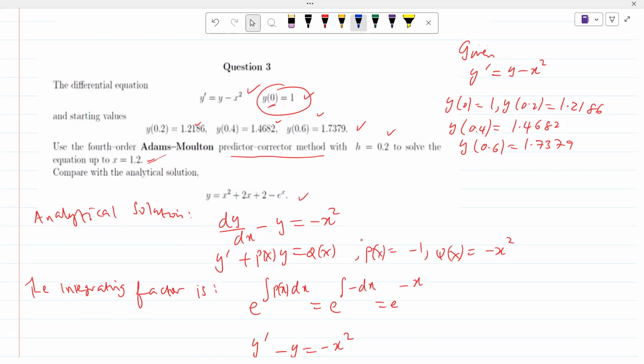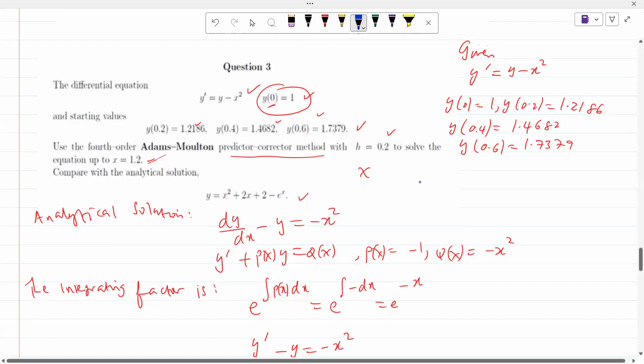You realize that x is there. Now x is 0.2, 0.4, 0.6. Okay, you have 0.6.